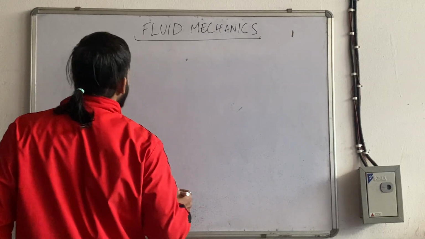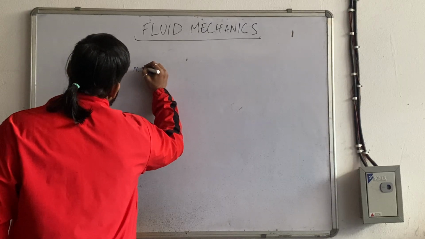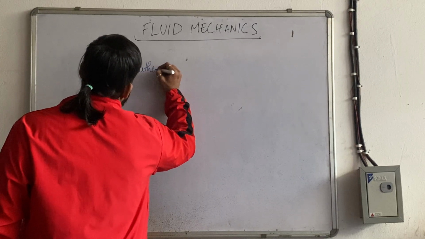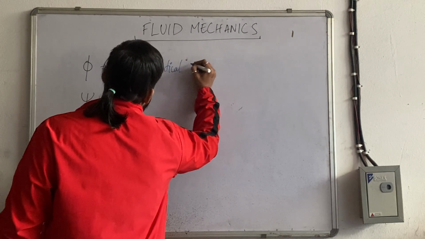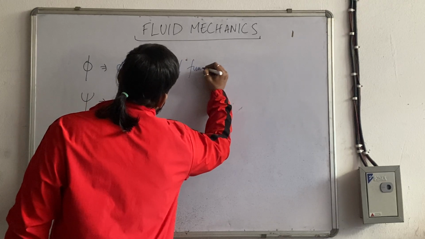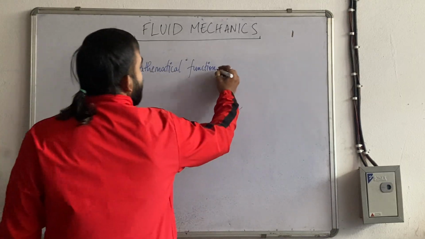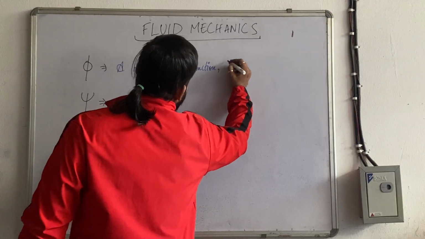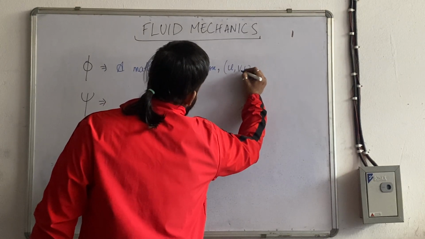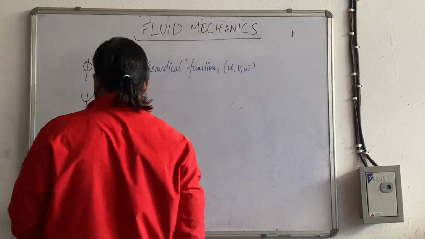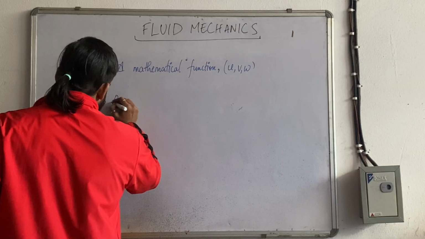Phi is a mathematical function which considers the velocities in three directions, which are u, v and w. Psi is a stream function.